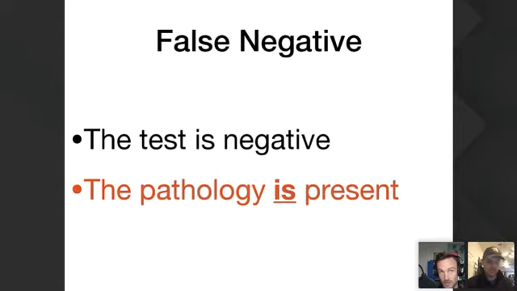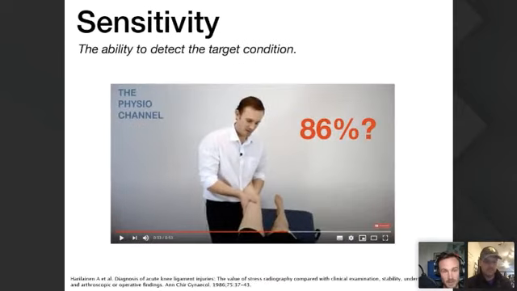This would stress the meniscus tissue in the knee. If you did that test and it didn't cause them any problems, that would be a negative test. But it doesn't mean that they don't have a meniscal injury. So if they still had a meniscal injury and you tested them with that test and that test showed negative, you'd have there a false negative, because actually the test should have been positive. So it's a false negative. So there's the false positives and false negatives.